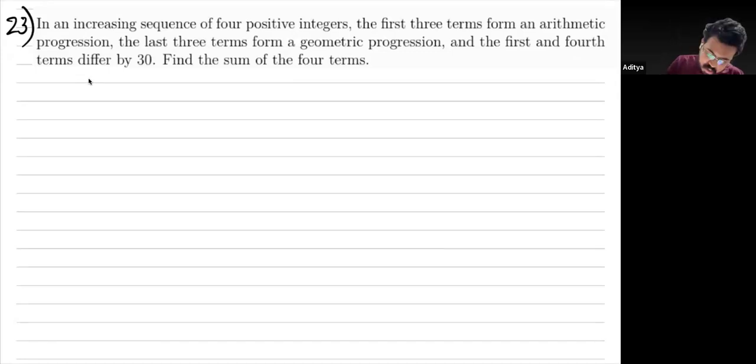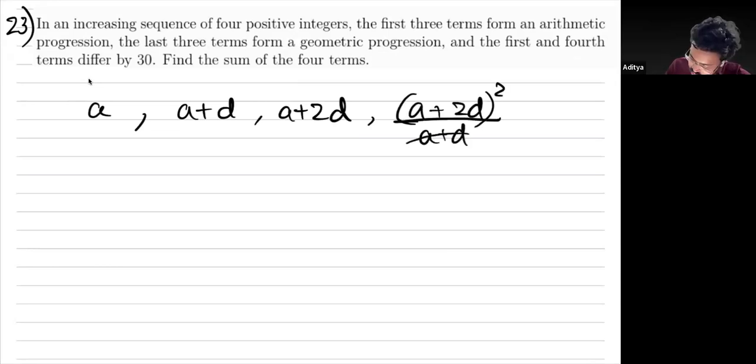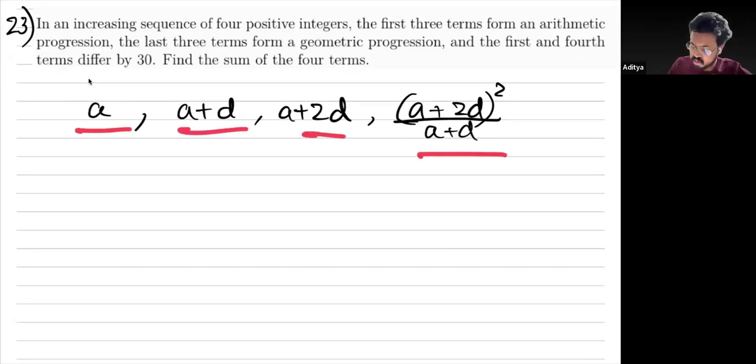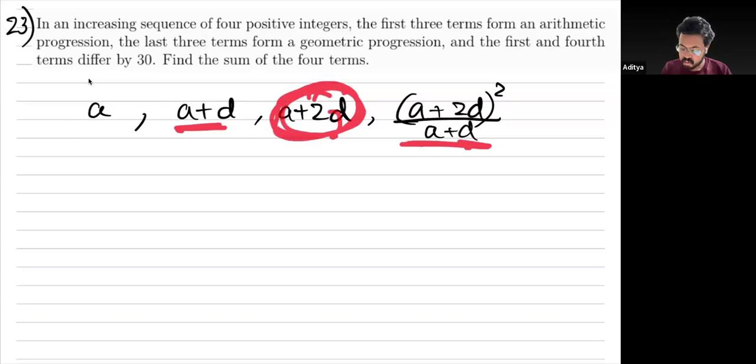Those who are not able to proceed anyhow in this question, can you write all the terms as a, a plus d, a plus 2d, and the fourth term? Because you have written the first three terms as an AP, the product of the adjacent terms must equal the middle term squared.